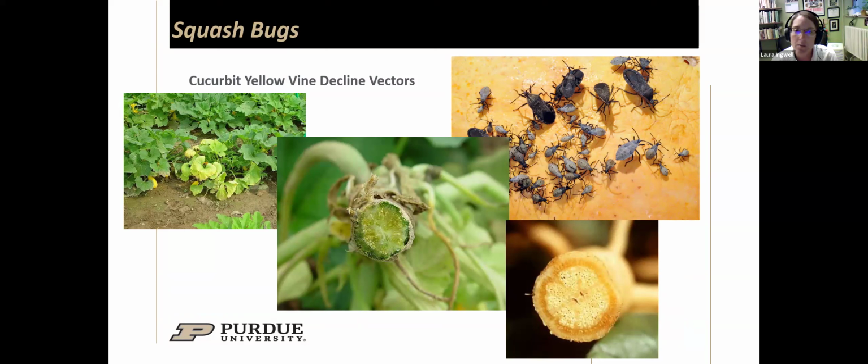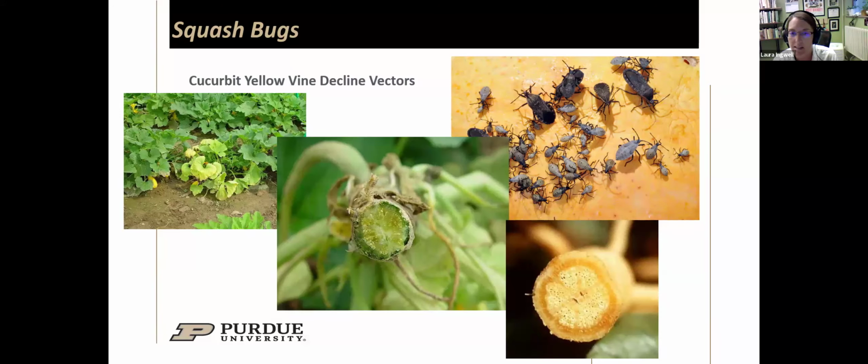And more recently, we have identified cucurbit yellow vine decline, which is a disease that impacts cucurbit crops and is transmitted by squash bugs. It may also be transmitted by cucumber beetles, but there's a lot of unknown factors about this pathogen.